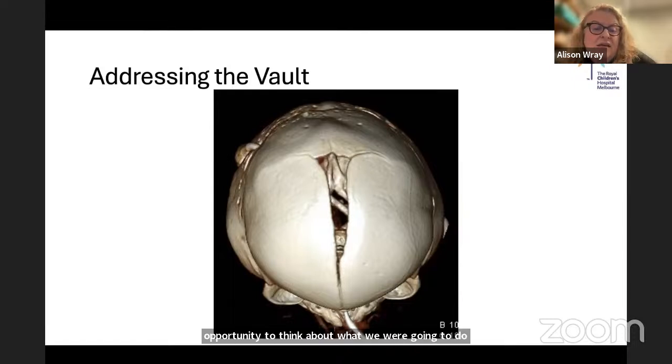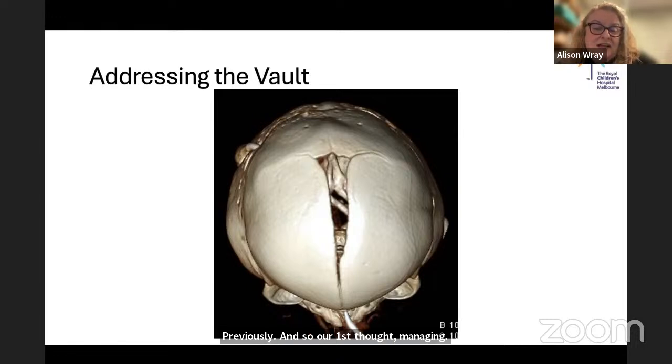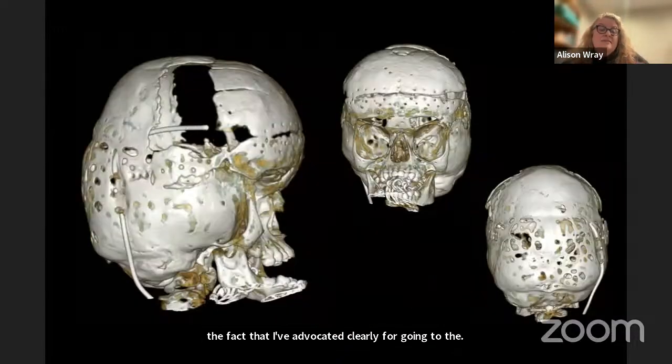And you can see there, she has significant underdevelopment of the frontal areas, as well as all of the other abnormalities that we talked about previously. And so our first thought in managing this, despite the fact that I've advocated clearly for going to the back, was actually to see whether we could address this from the front, simply because we didn't really want to interfere with her shunt.